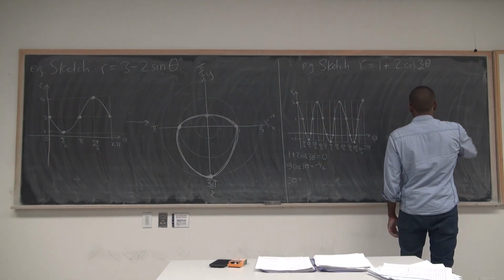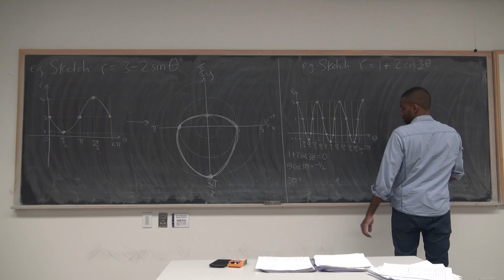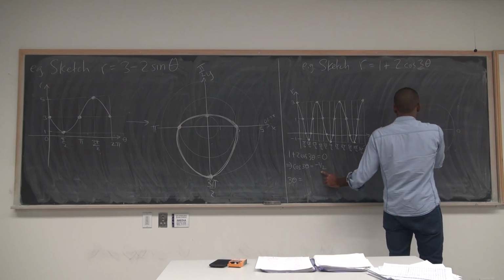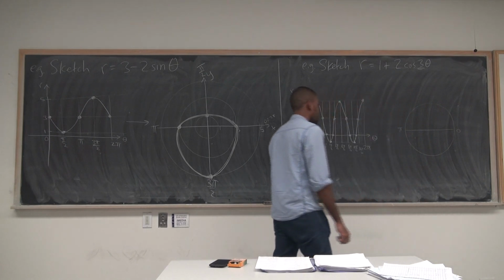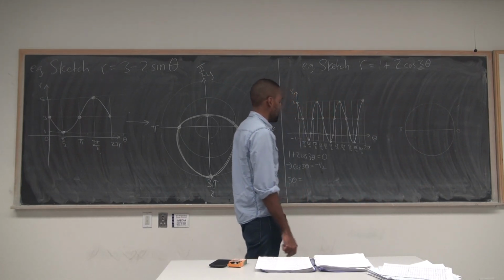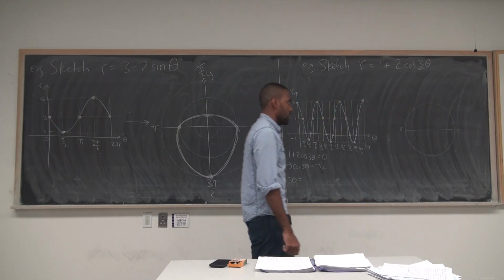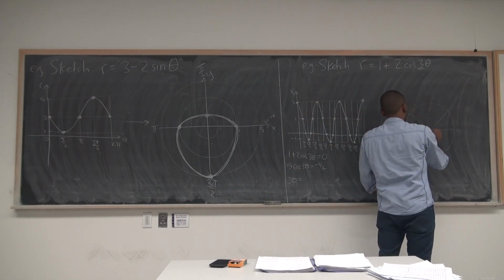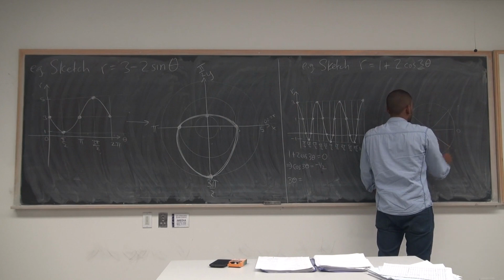We know pi over 3 is one of them. So what do you do with that pi over 3? It means you divide pi into 3 pieces.